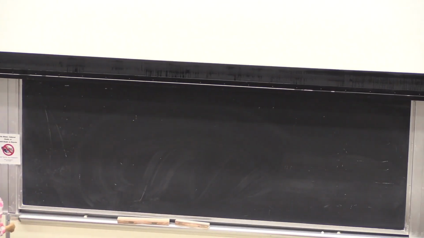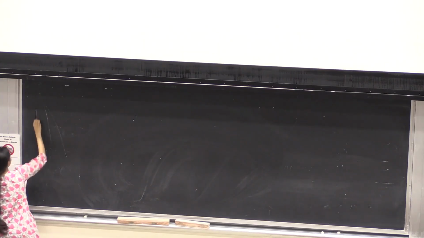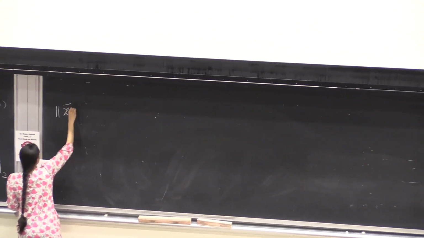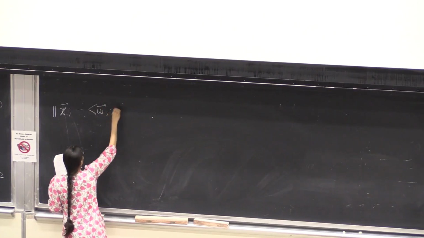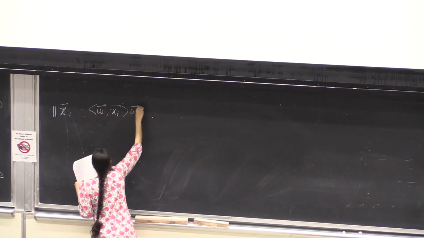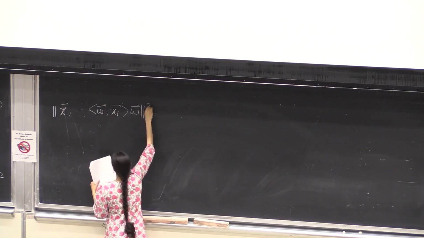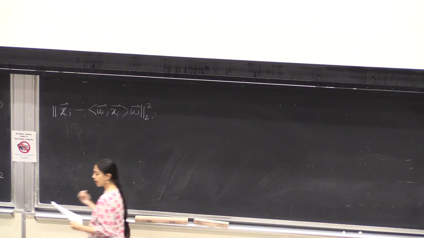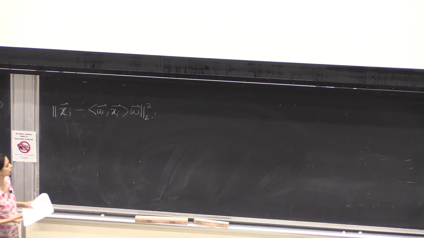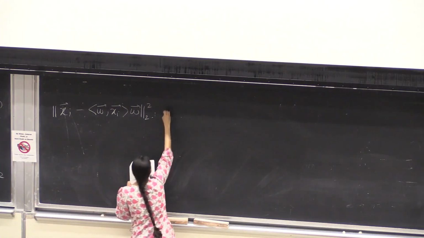So what does this actually mean? If I now take this xi minus w, this is the error term, and I want to analyze it. We did this last time, so I'm not going to do it particularly slowly today.